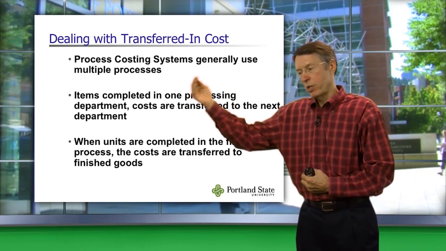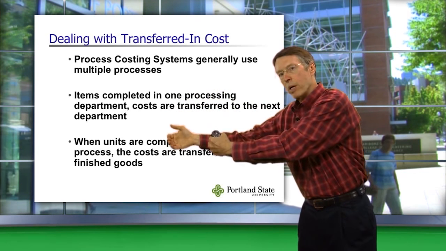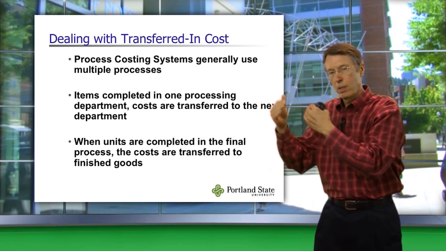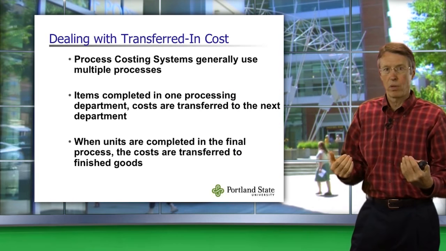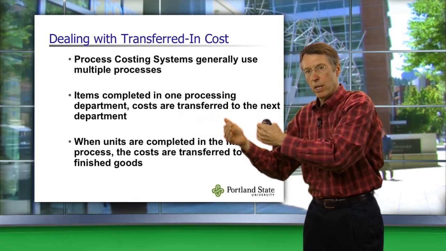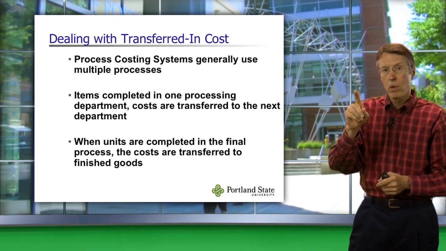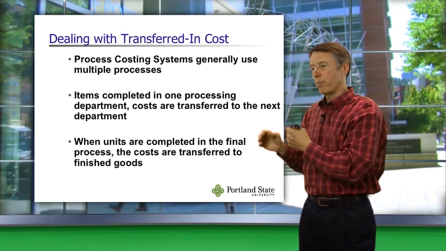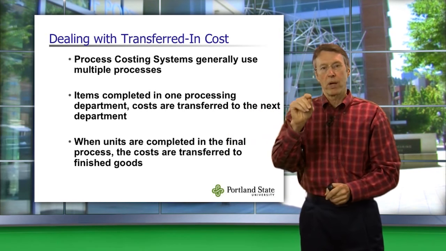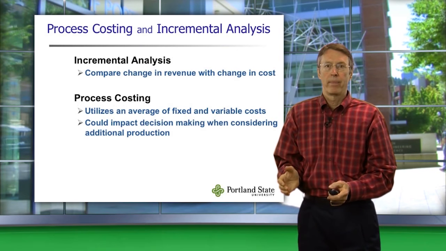Remember also that process costing systems generally use multiple processes: the mixing process, the packing process, the shipping process, and so forth. Items move from one processing department to the other, and the costs move along with them. Only when the units are completed and in the final process do the costs get transferred to the cost of finished goods.